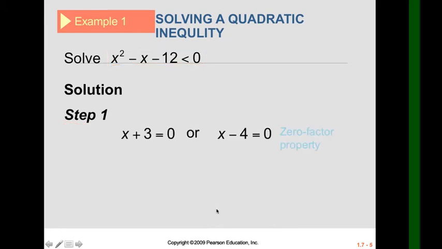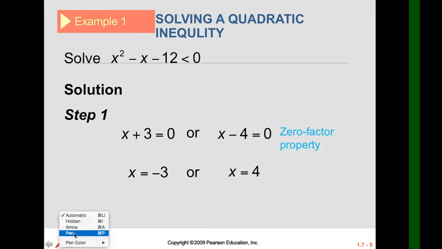Next, we transpose 3, and it becomes x equals negative 3, because when we transpose, we change the sign of the number. Since it was positive, it became negative 3. Here, since it is negative 4, it becomes positive 4. So the zero factor property gives us x equals negative 3 and x equals 4.